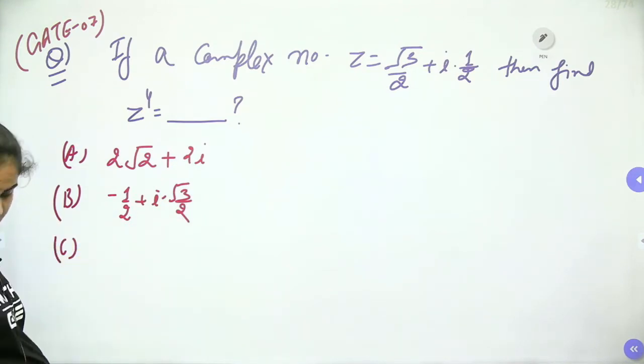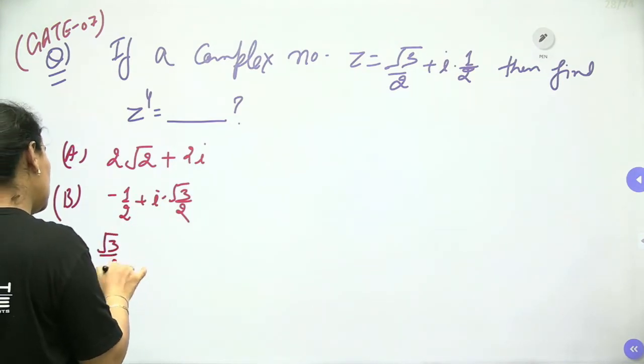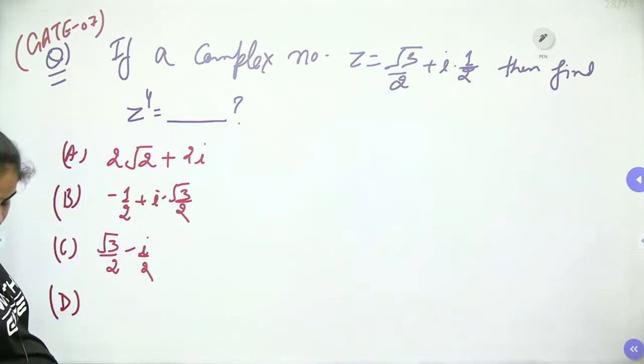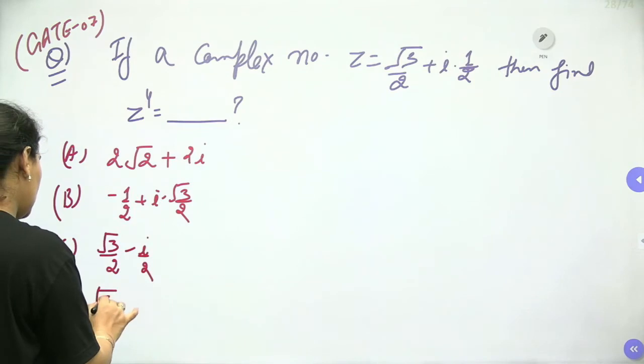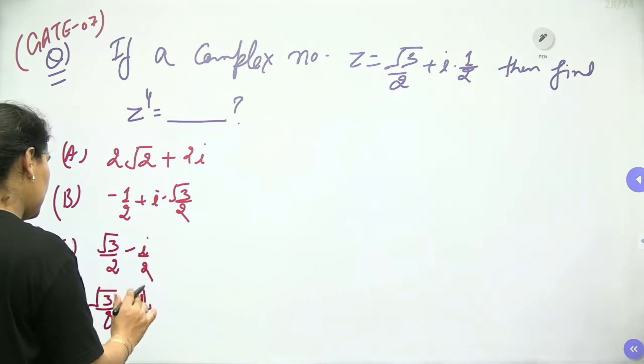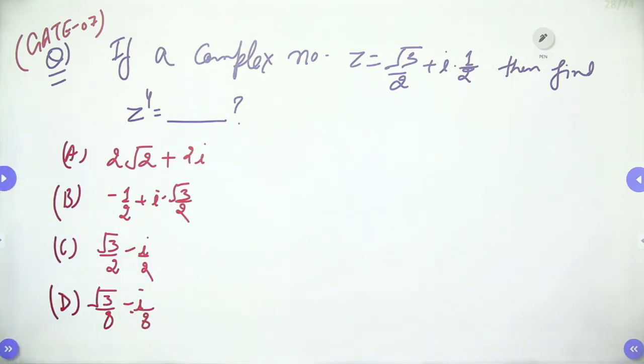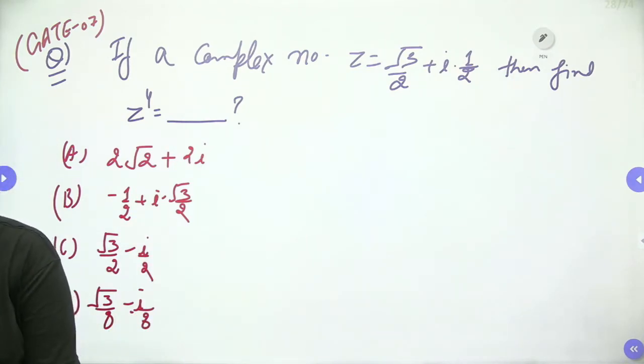The third one is root 3 by 2 minus iota by 2, and the last one is root 3 by 8 minus iota by 8, isn't it? Yes, root 3 by 8 and minus iota by 8.